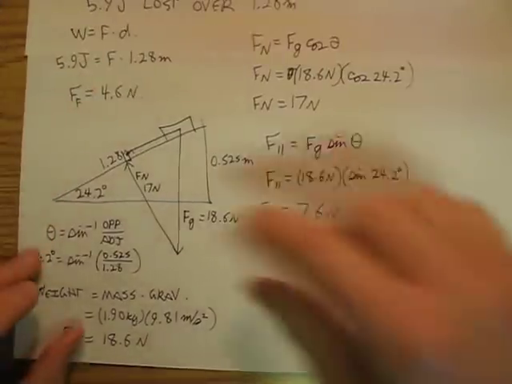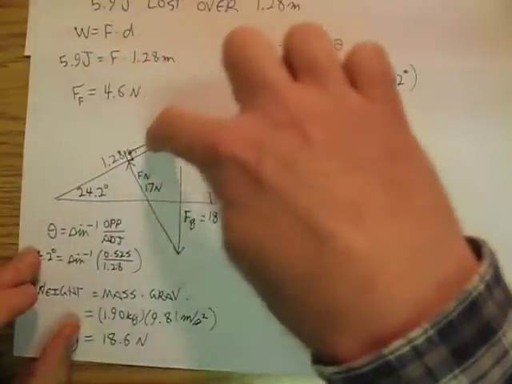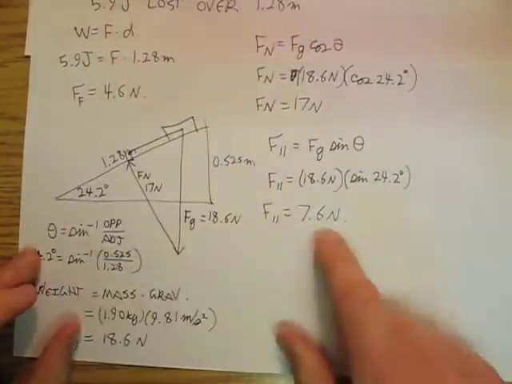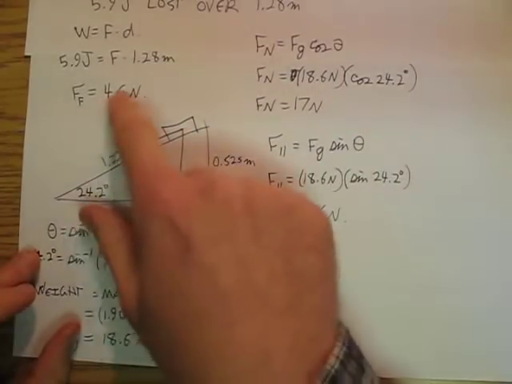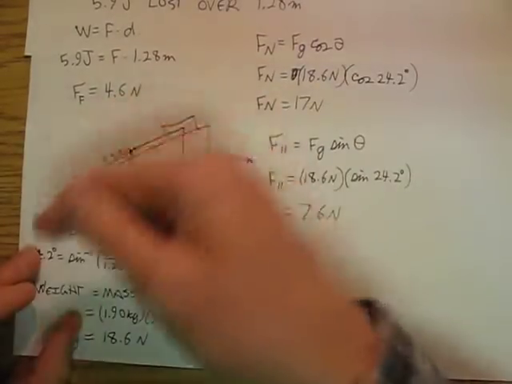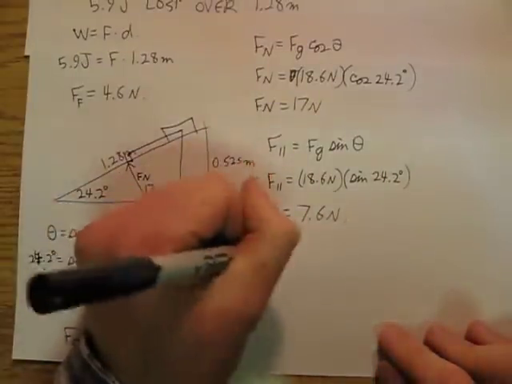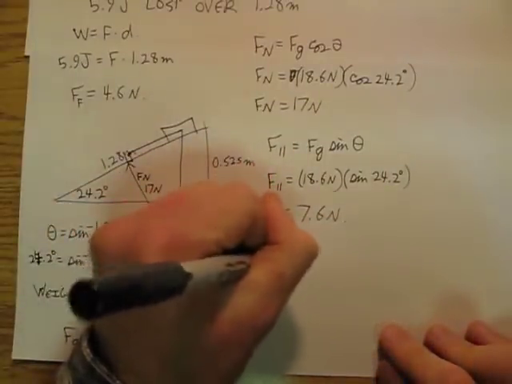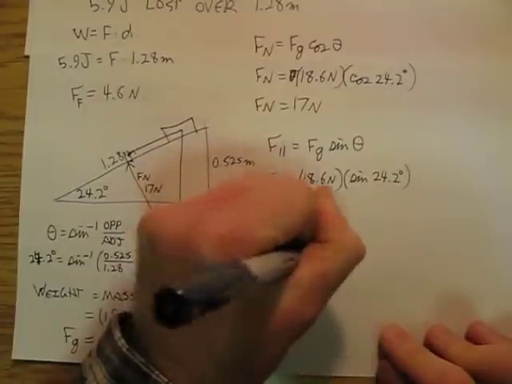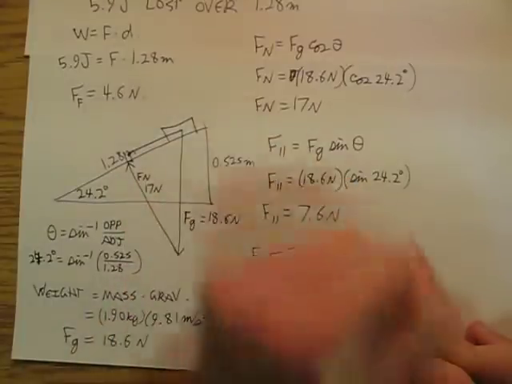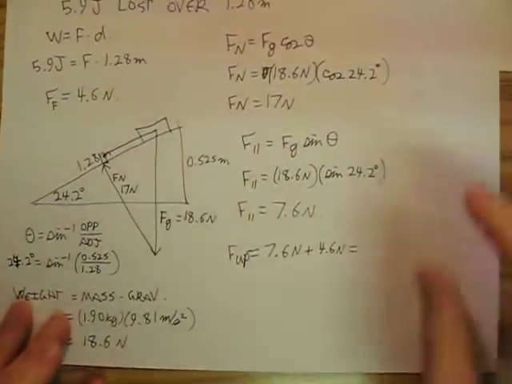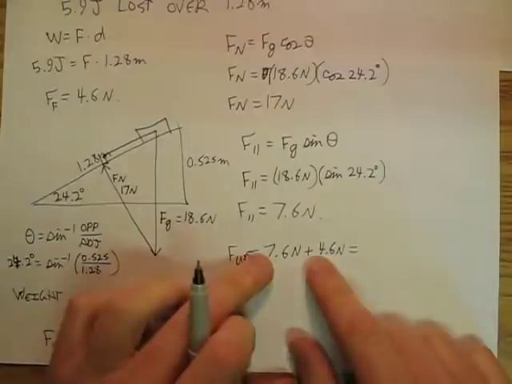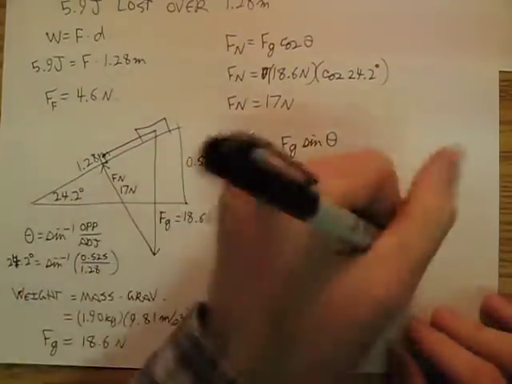So, if I'm pulling the book up the incline, I should have to overcome 7.6 newtons going up and 4.6 newtons of friction opposing me. So my force up should be 7.6 newtons plus 4.6 newtons, which I can do in my head, is going to be 12.2 newtons.